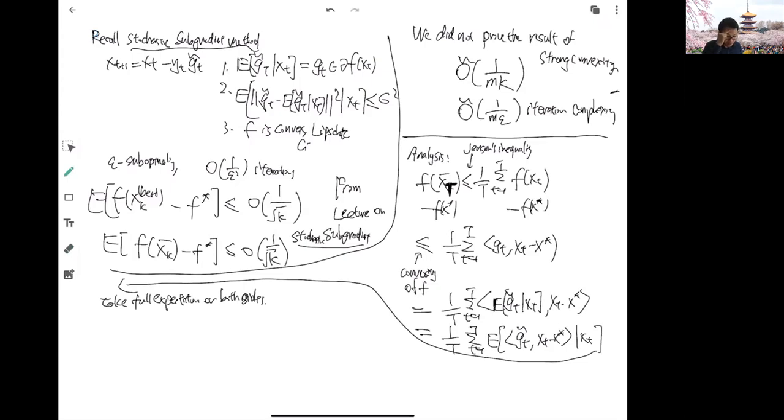So let's take the full expectation over everything, which gives us this to be smaller than 1 over t times the expectation of the sum from 1 to t of the inner product of g tilde_t with x_t, minus g tilde_t with x star.